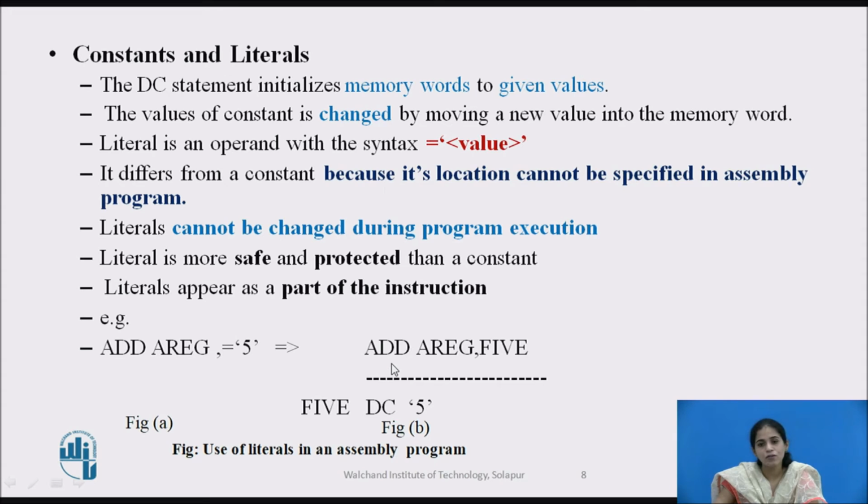See the syntax: ADD A register comma 5. Here 5 is a label. Afterward in the program, we specify 5 DC, and within single quotes we specify 5. In that fashion we can also specify literals with the help of DC. So this figure shows the use of literals in the assembly program.